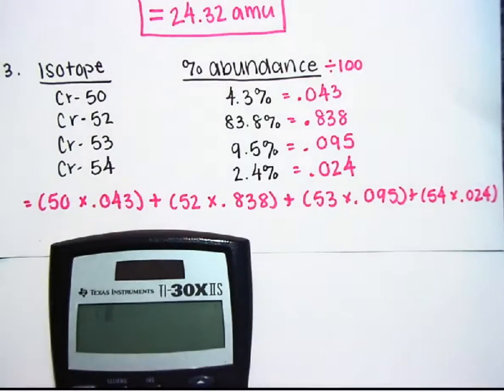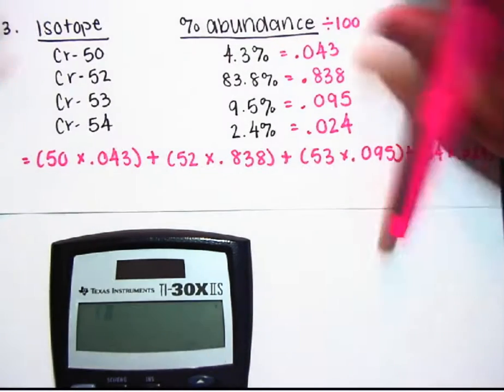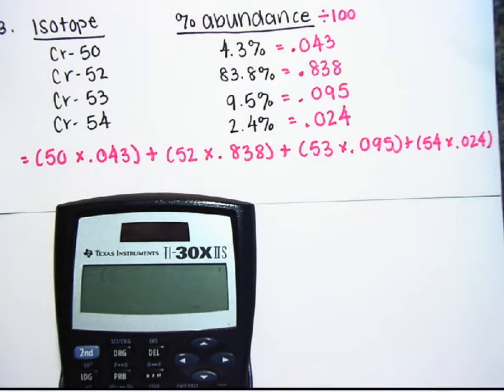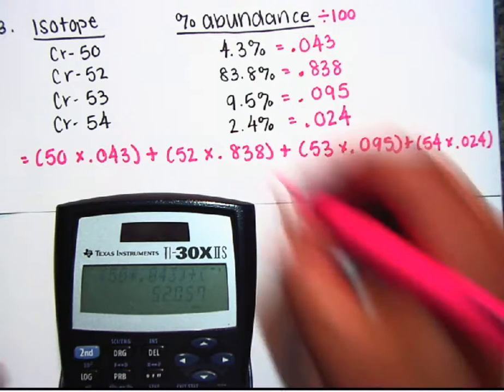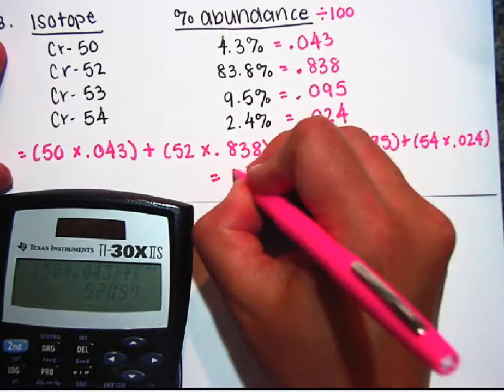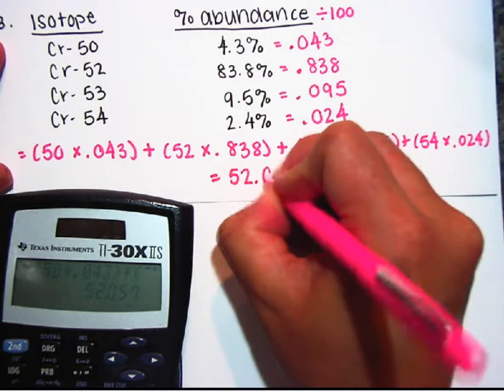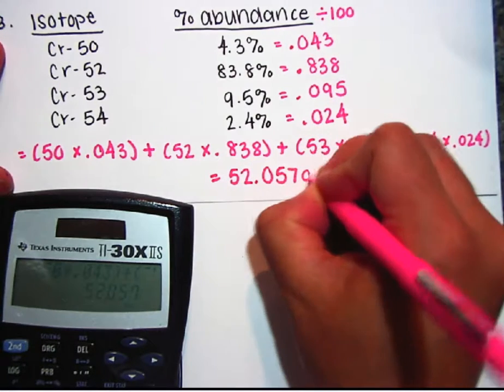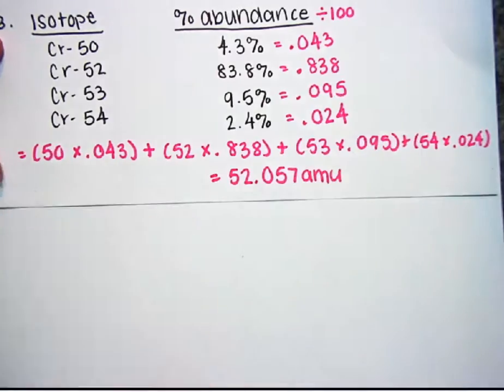Alright, let's calculate this and see what we get. Alright, I got 52.057 AMU.